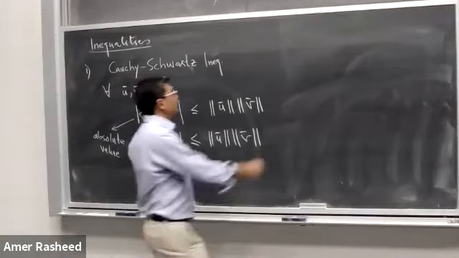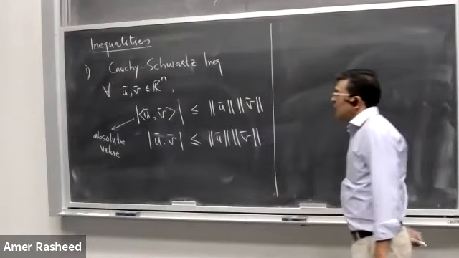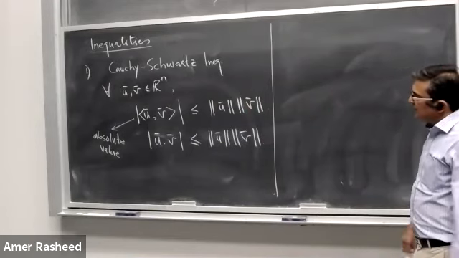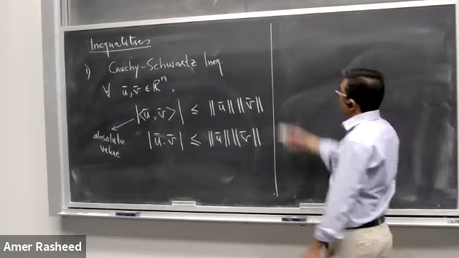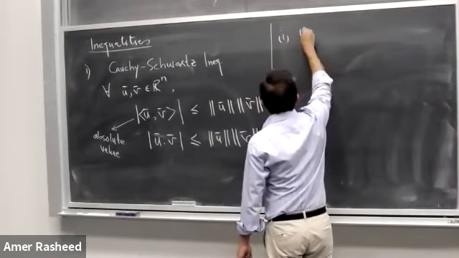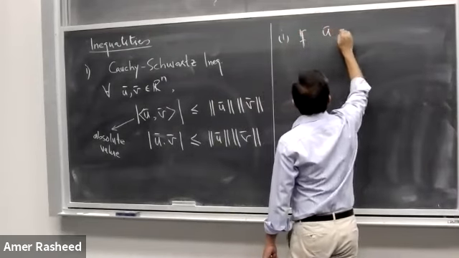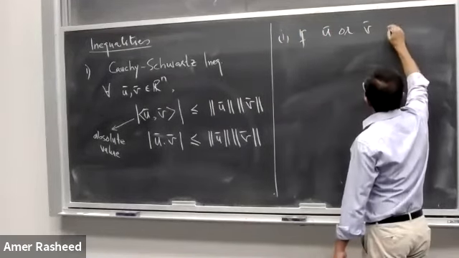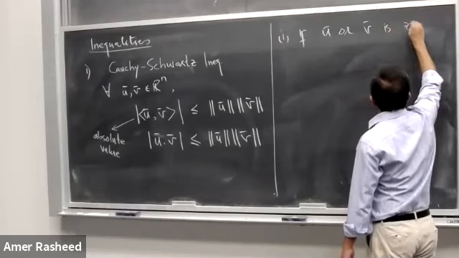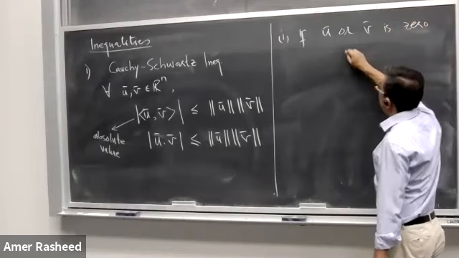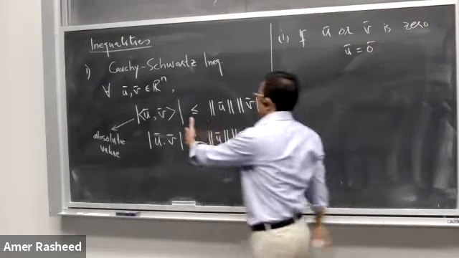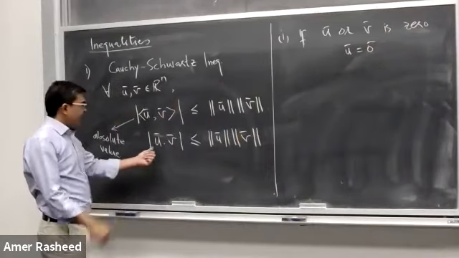Now, in order to prove this property, let's discuss different cases. The first case is if either u or v is 0. For example, if u is 0, then obviously this inequality will be satisfied.